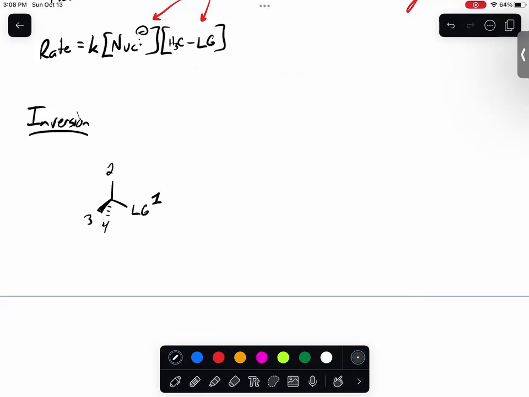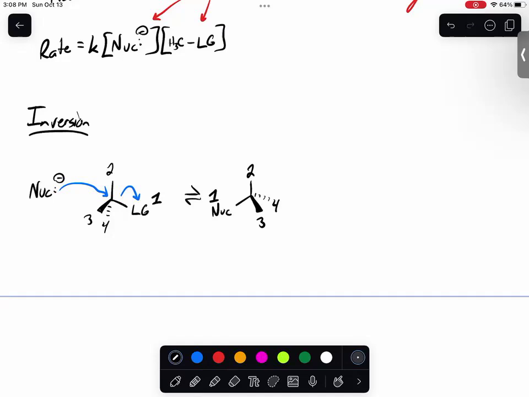Well, when our nucleophile comes in, as we had drawn out before, it's going to do a direct backside attack to kick out the leaving group. And let's say that now the nucleophile is here, and it took the new number one. But everything else, remember the umbrella flips, so these other groups get pushed over here, but they're still in the same positions, right? Two is still on the thing in plane, four is still on the dash, three is still on the wedge.